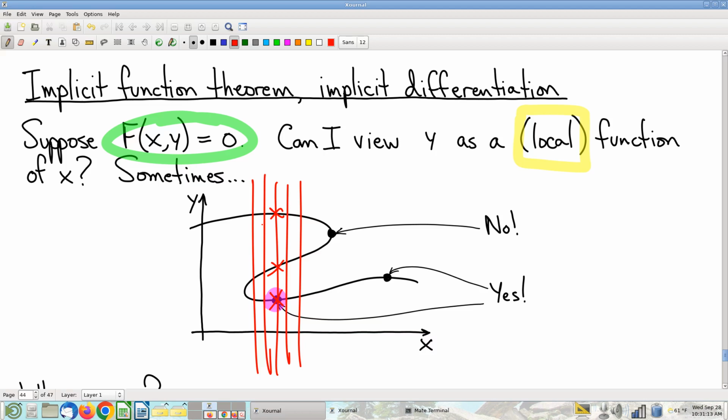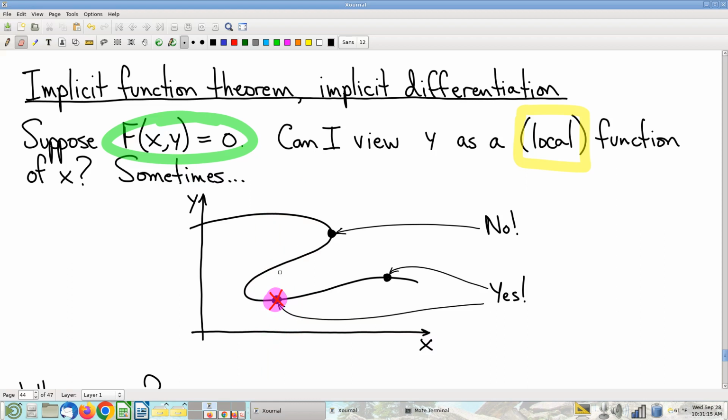But the thing is, you've got to keep in mind, we're talking about locally, right? And locally, again, means that we're only looking nearby that point. Not just nearby these values of x, but nearby that point. And nearby that point, and therefore ignoring everything else, then vertical line test, fine and dandy, no problem. And yes, locally, y is a function of x. There.